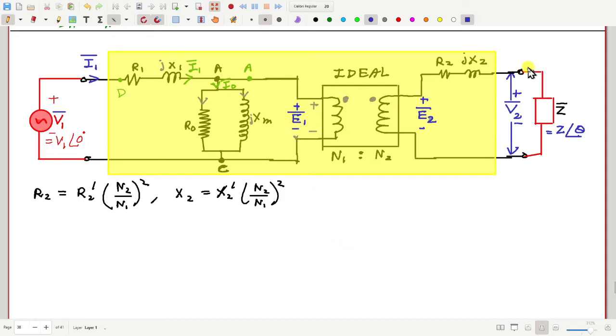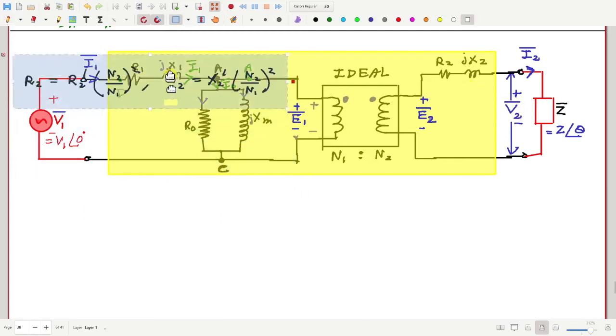This current is I2. All other quantities we will find out as we proceed. So let us once again start from V2 as the reference. Let me make some space.